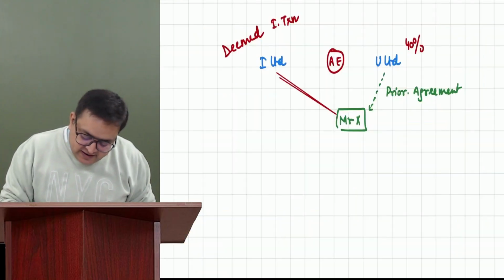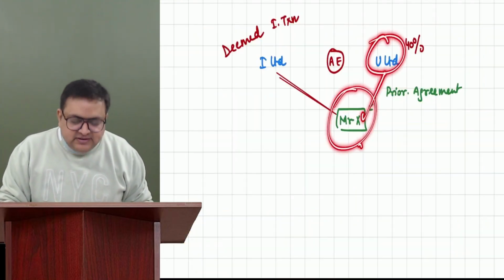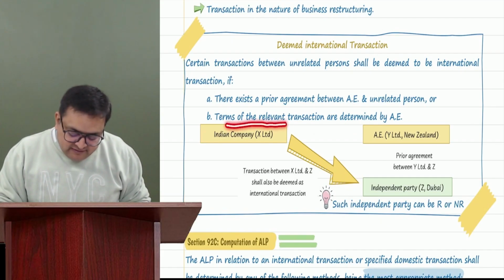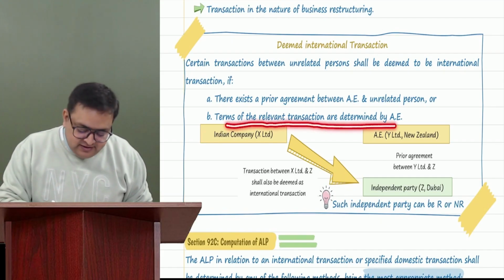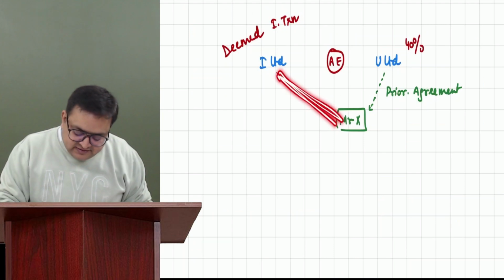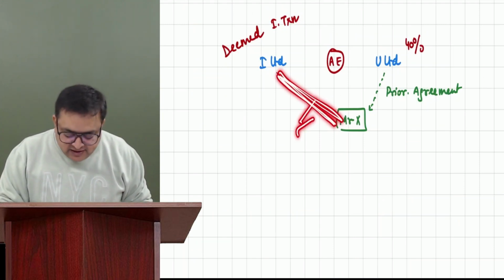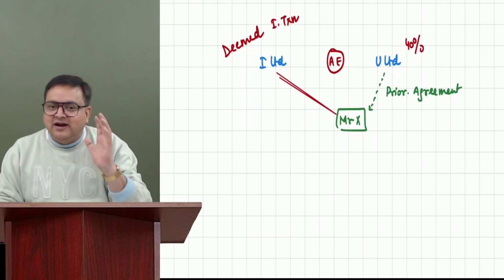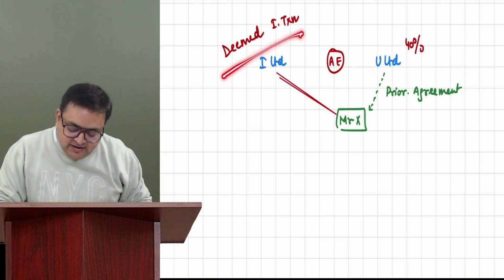So if there is a prior agreement between you and X, then it would be a deemed international transaction, or the terms of the relevant transactions are determined by A. So whatever the terms and conditions of this transaction, who is determining it? He is actually controlling from behind the curtain. He's sitting and he's controlling it. Then also it is a deemed international transaction.